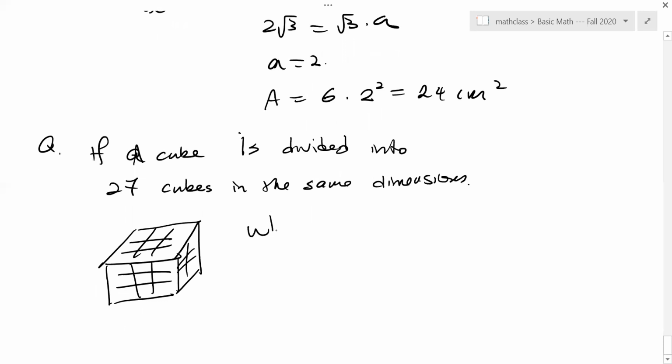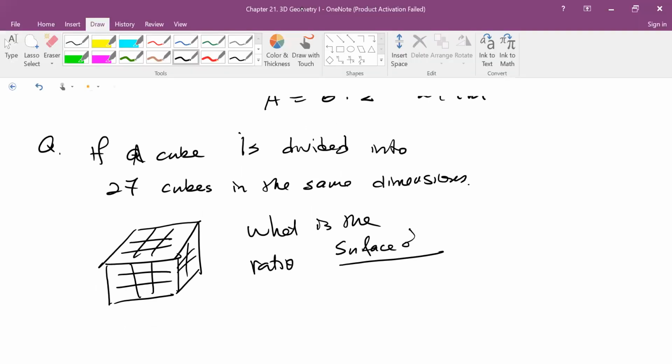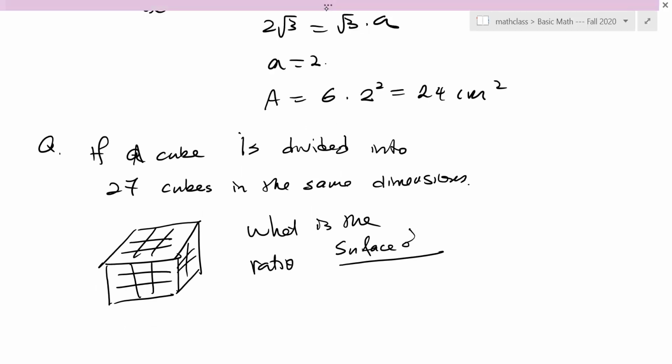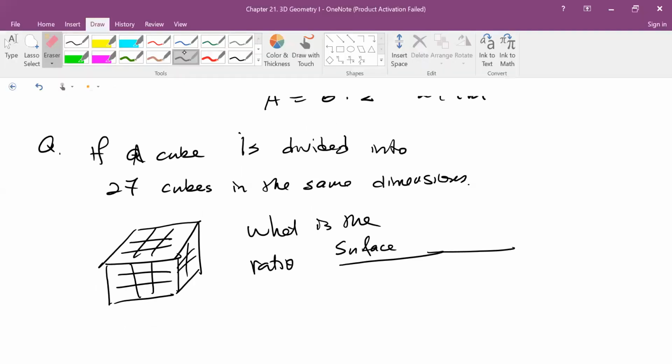My question is, what is the ratio of the total surface area of the larger cube compared to the total surface area of all the smaller cubes?